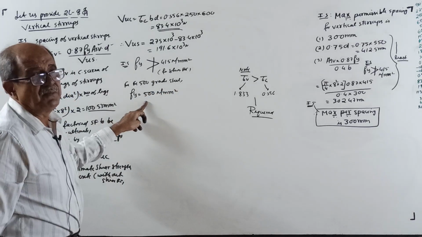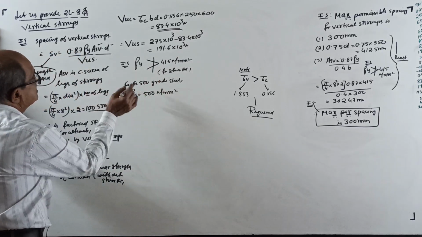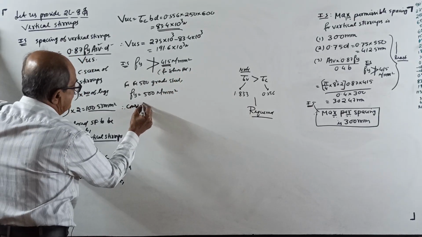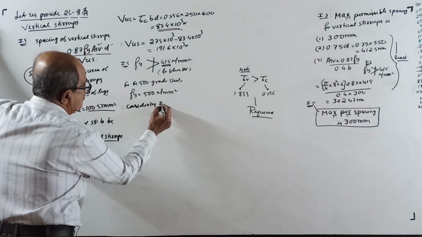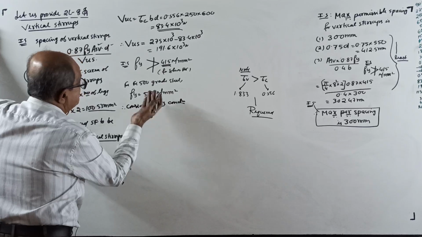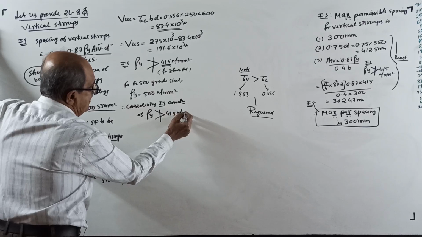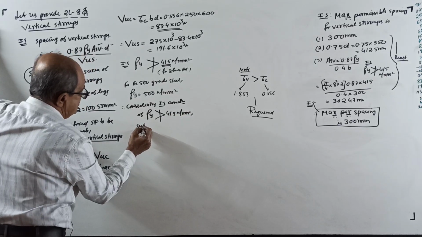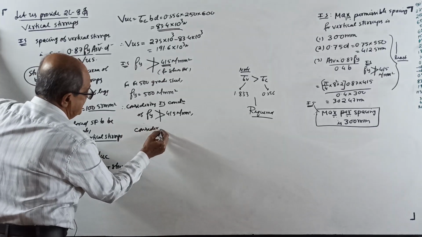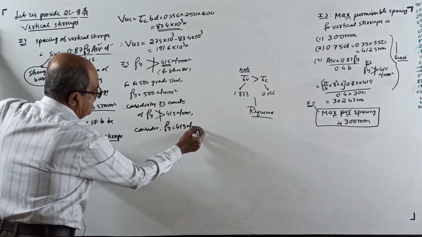So for bending, you take 500. But IS code told for shear, you cannot take that. Therefore, considering the IS code condition, substitute Fy equal to only 415 Newton per mm square.